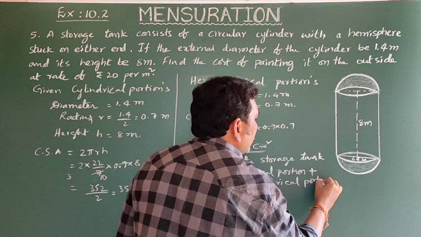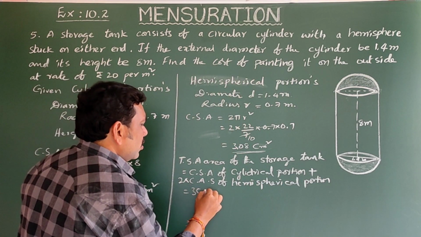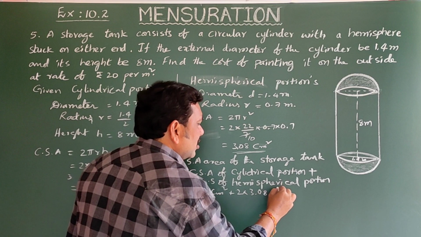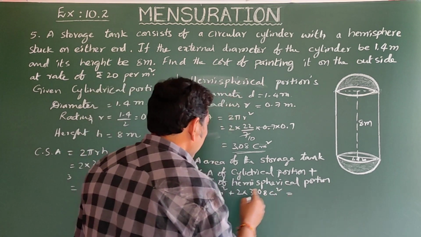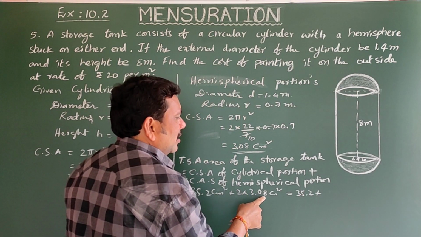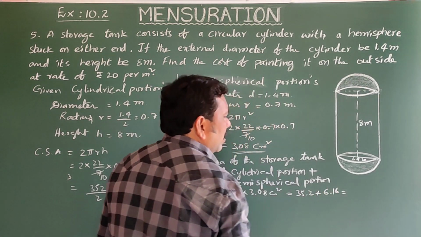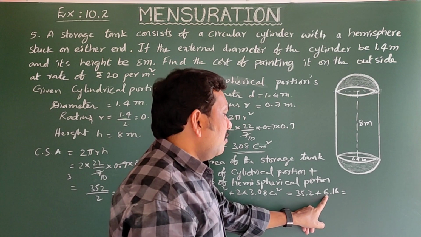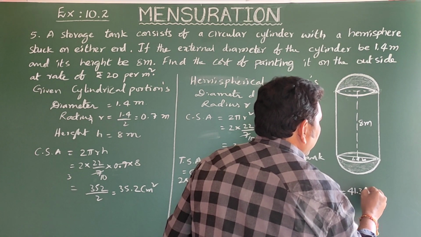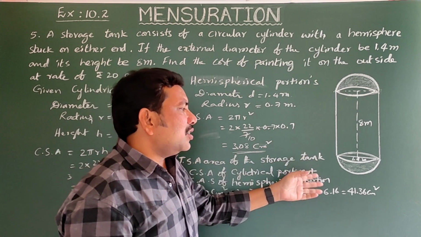So that is equal to 35.2 meter square plus 2 into 3.08 meter square. 35.2 plus 2 3s are 6, 2 8s are 16, 6.16. So that is 41.36 meter square. What is this? Total surface area of the storage tank.